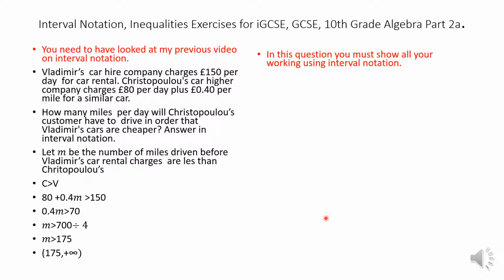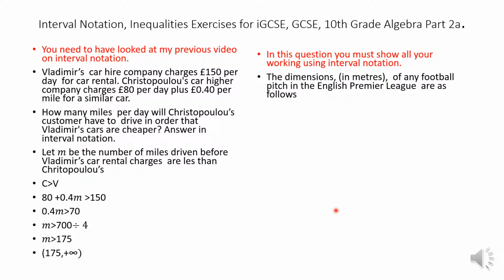Right, moving on from that, the next one is this one here. It says, in this question, you must show all your working using interval notation. Okay, right. And it says, the dimensions in meters of any football pitch in the English Premier League are as follows.